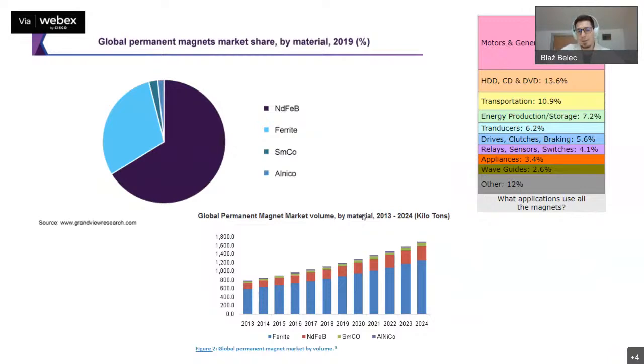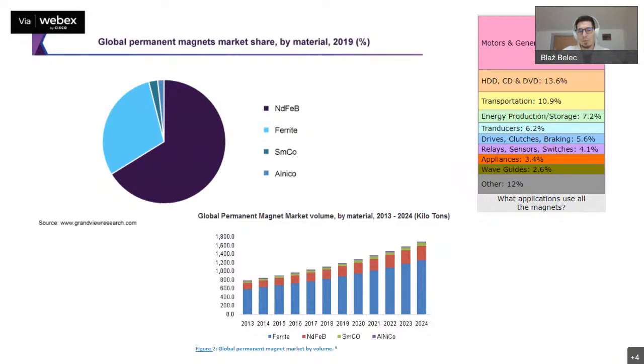And above this value, we have neodymium iron boron materials with really high energy products. So this gap between the energy product of neodymium iron boron and ferrite magnets, for now we are filling with samarium cobalt and alnico magnets, but also with modern magnets, or with those composite materials.